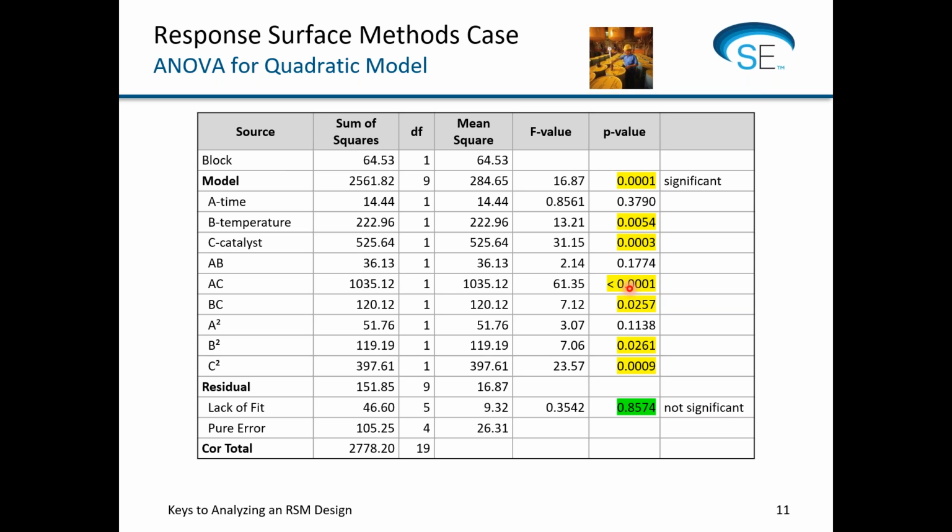Now that's really important. We want to keep terms in the model that are statistically significant, or terms that are needed for model hierarchy. We need to maintain model hierarchy. So we do not need this A squared term, but because AC is significant, we definitely need to keep the main effect A in the model so that it can provide the base for the adjustment that AC is going to do.